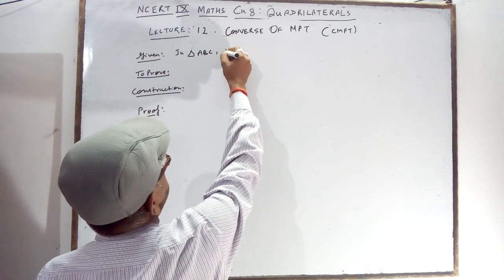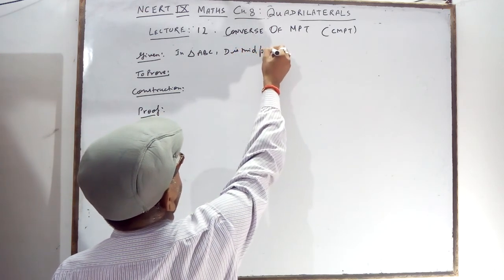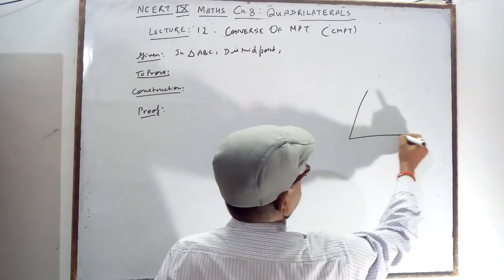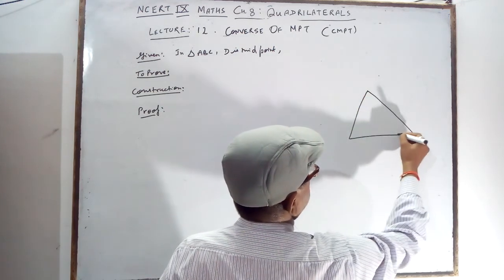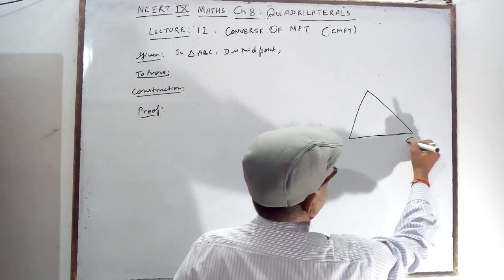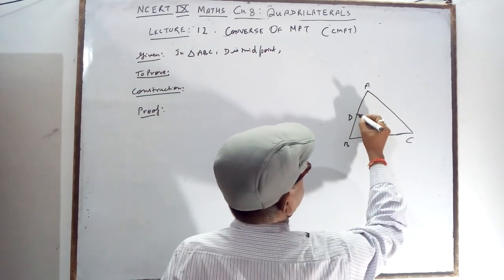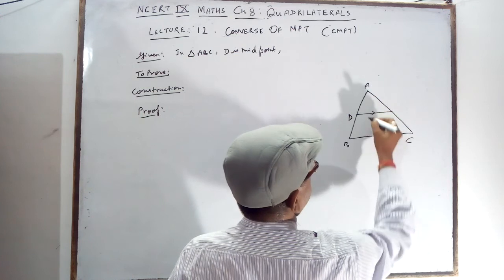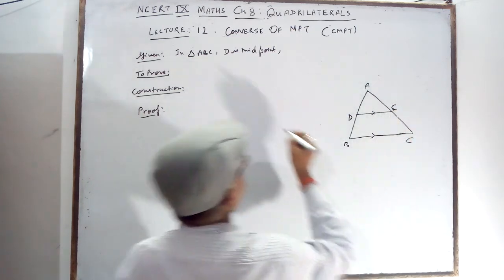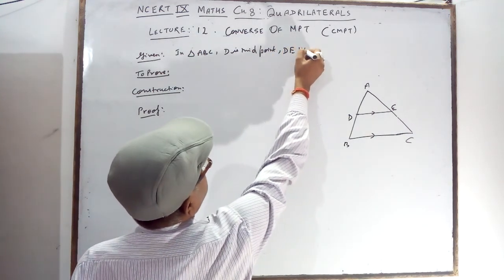In triangle ABC, D is the midpoint. It is given. In triangle ABC, D is the midpoint of this side. From D a line is drawn parallel to BC, meeting at E, so DE is parallel to BC.